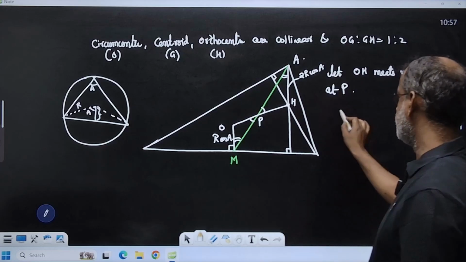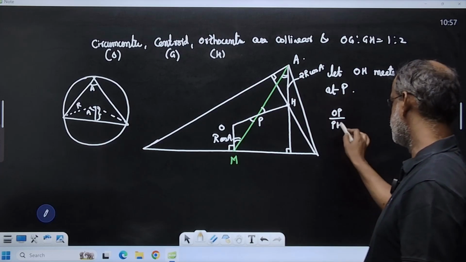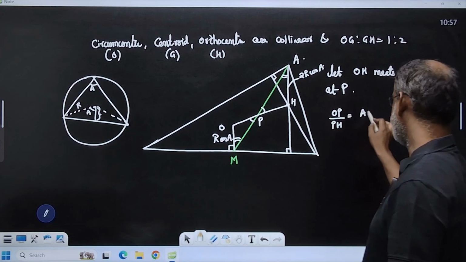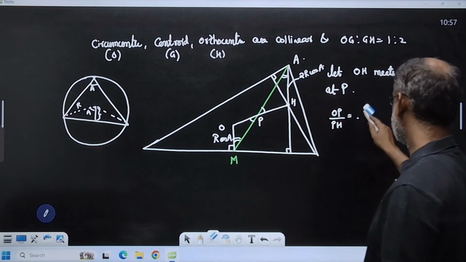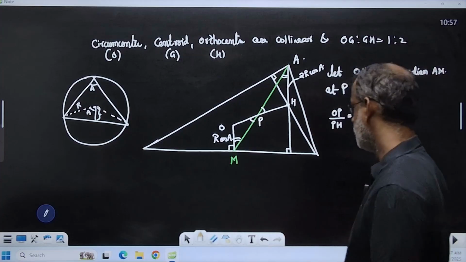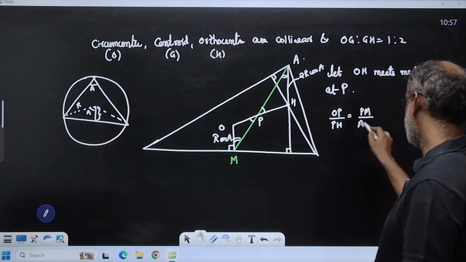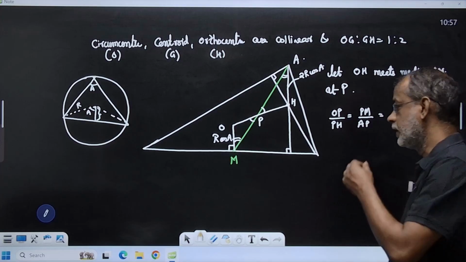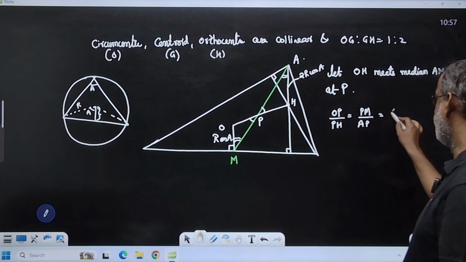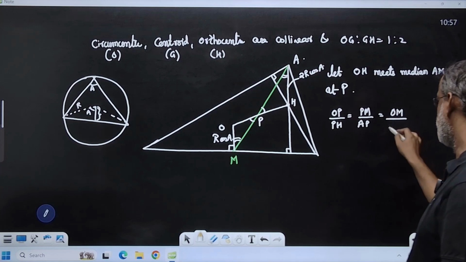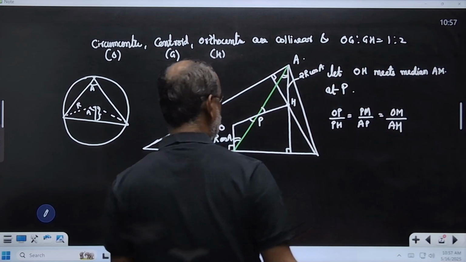So, OP upon PH is PM upon AP, which is OM upon AH.